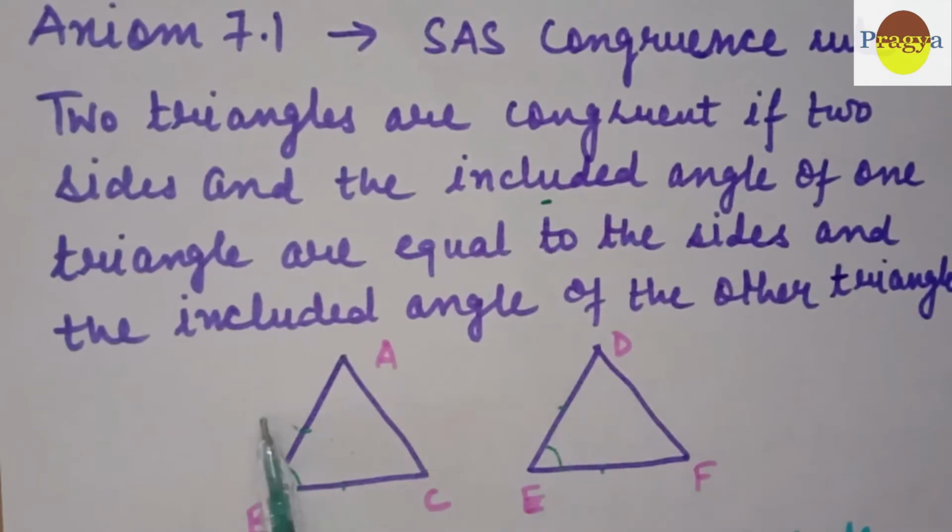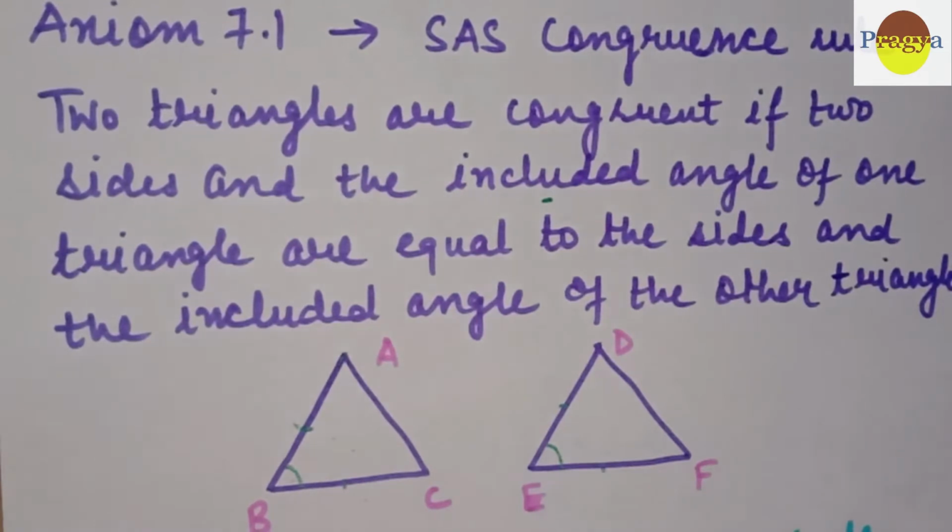So two triangles are congruent if two sides of one triangle with the included angle are equal to the corresponding two sides and the included angle of the other triangle. So we call it the SAS congruence rule.